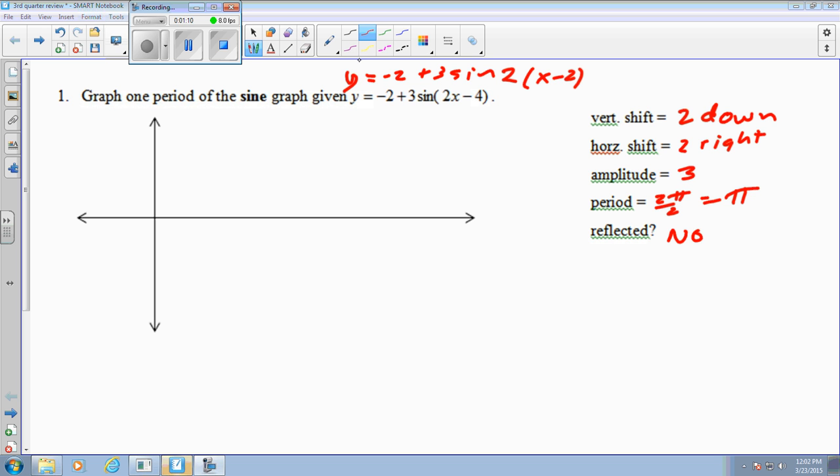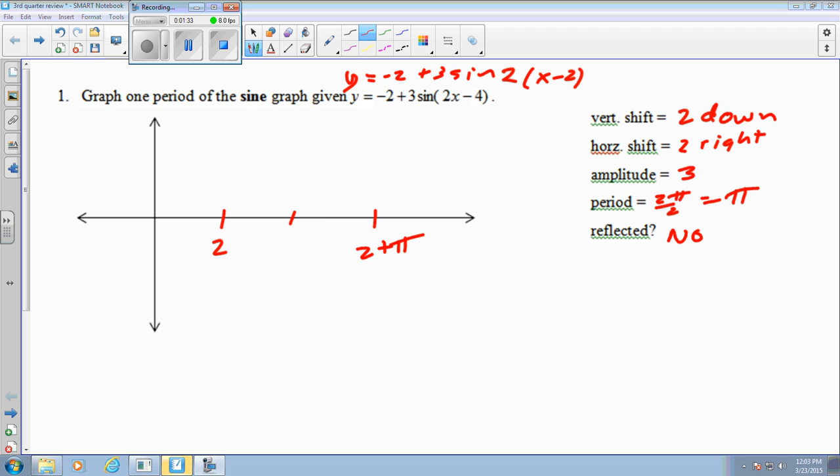So now let's see if we can go to the graph. If I have a shift right of 2, I know that my sine function is going to start at 2, and its period is pi, so a pi past 2, we'll call it 2 plus pi, is where it's going to end.